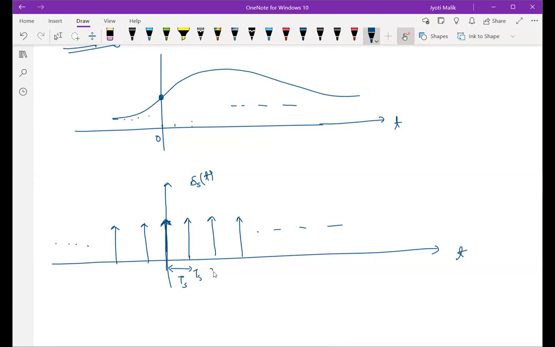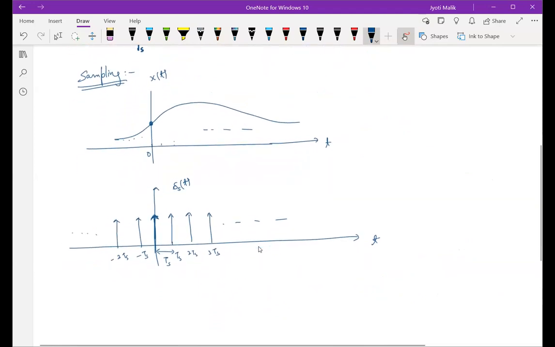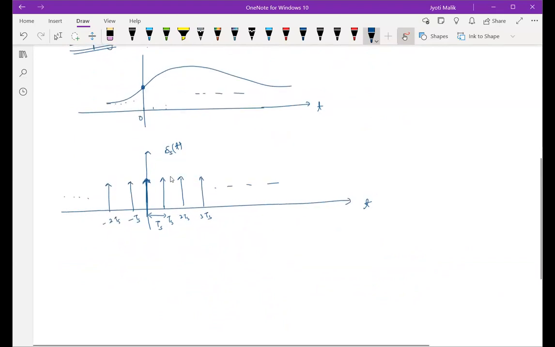This is ts, this is 2ts, 3ts, minus ts, minus 2ts, and so on. To get the sampled signal, we multiply in the time domain the original signal with the impulse train. And what will it give you?